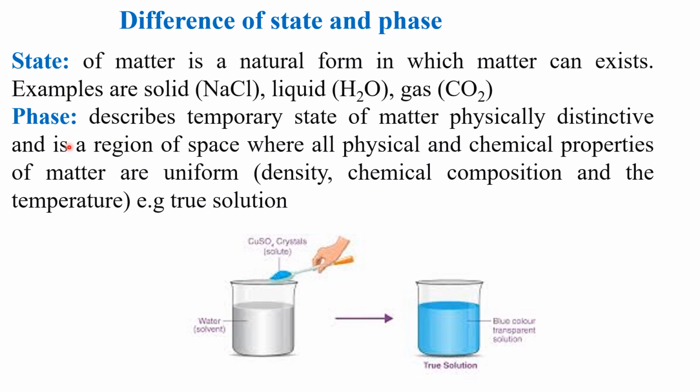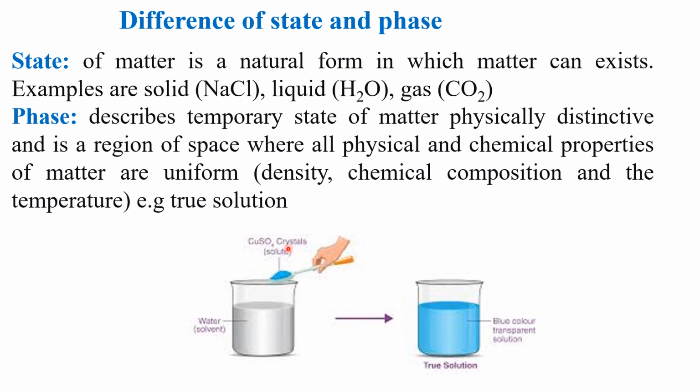On the other hand, phase is a temporary state of matter which is physically distinctive, and is a region of space where all the physical and chemical parameters of the matter are uniform, for example, density, chemical composition, and temperature. For example, in the case of a true solution, here you can see a beaker full of water.